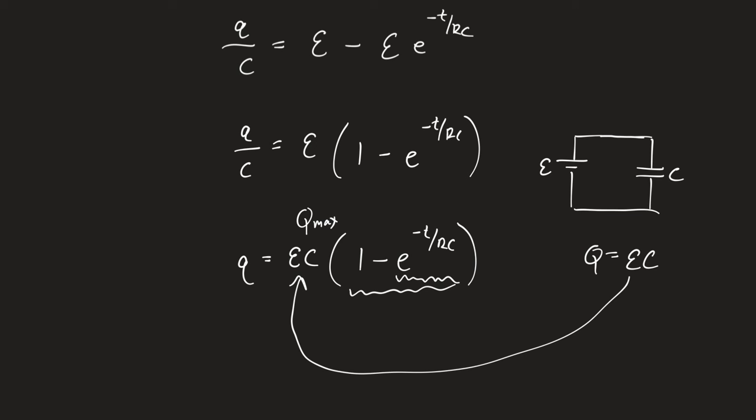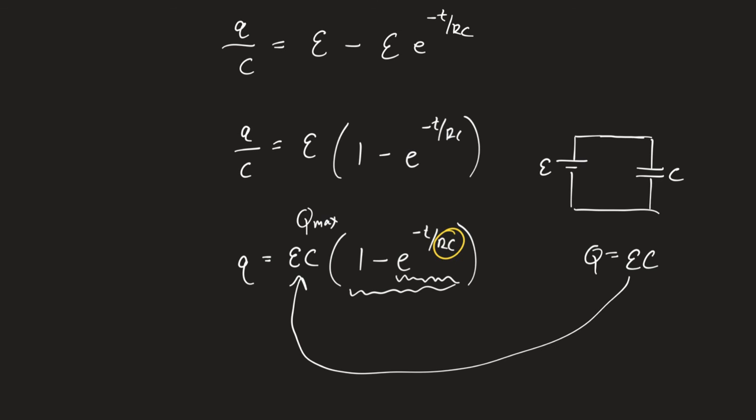So as t gets bigger, this becomes 1 over an ever increasing number, which means when t's been going for a long time, this term disappears, which means after a long time, my capacitor will eventually have maximum charge. Now, what determines how long is a long time? That does.